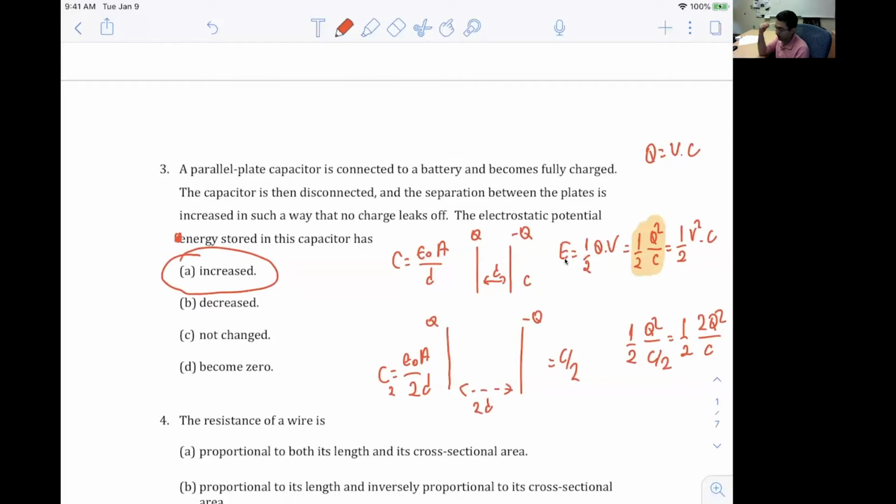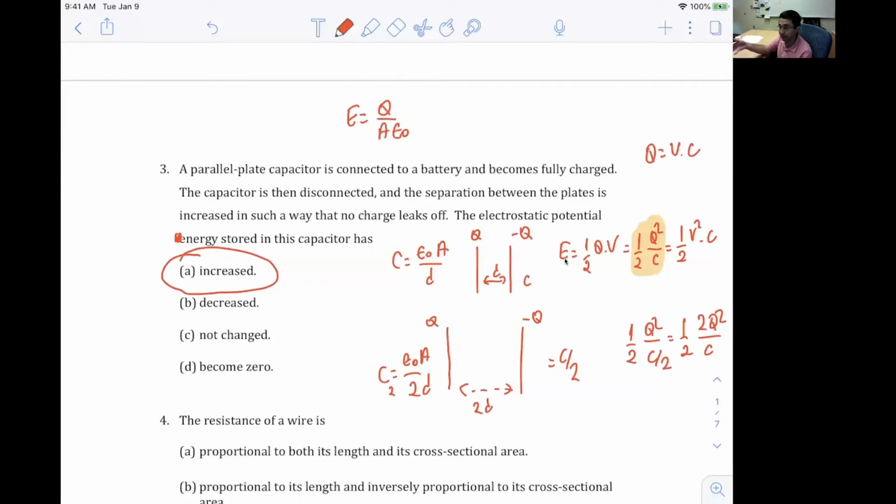Another approach is to think of it as an energy density. The energy density is proportional to the electric field in the system, which is Q divided by A epsilon naught.